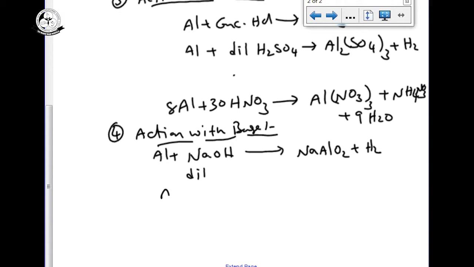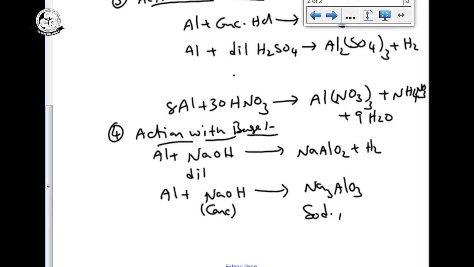If aluminium reacts with sodium hydroxide in concentrated condition, we can get NaAlO2, sodium meta-aluminate, and Na3AlO3, sodium aluminate, and liberate hydrogen gas as usual.